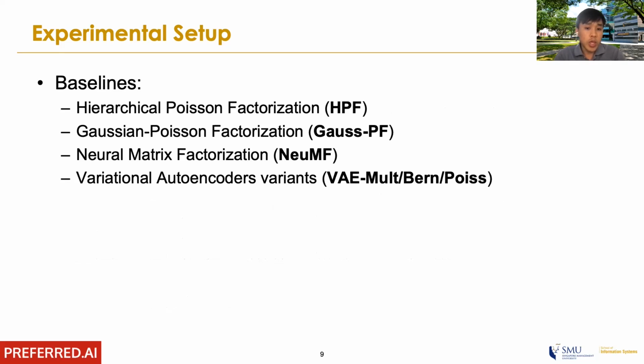For the experiments, we compared our BiVAE model with several baselines. We compare with various collaborative filtering approaches, including traditional factorization ones like hierarchical Poisson factorization and Gaussian Poisson factorization, as well as state-of-the-art methods using deep neural networks like NeuMF, or even multiple variants of the variational autoencoders with different likelihoods.